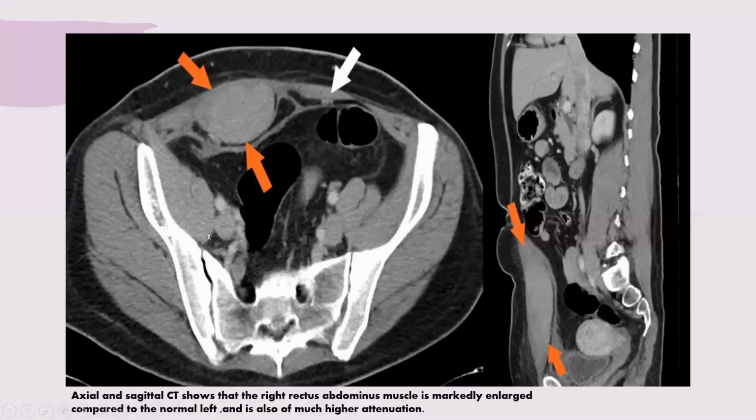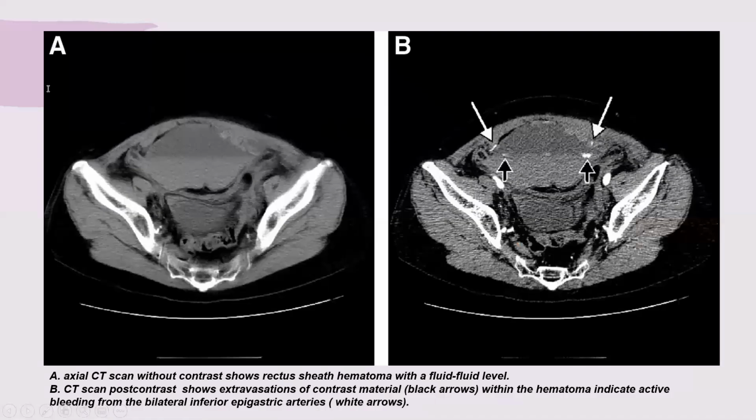Axial CT scan without contrast shows rectus sheath hematoma with the fluid level. Axial CT post-contrast shows extravasation of contrast, which indicates active bleeding from bilateral inferior epigastric arteries. اللي هم ذولي long white arrows.